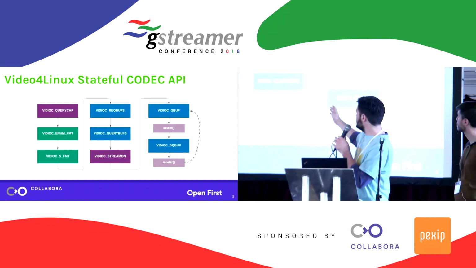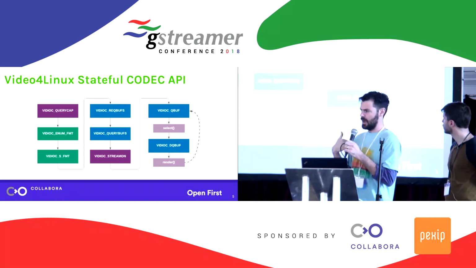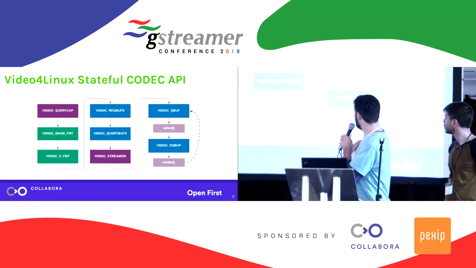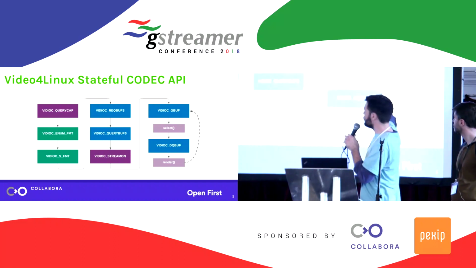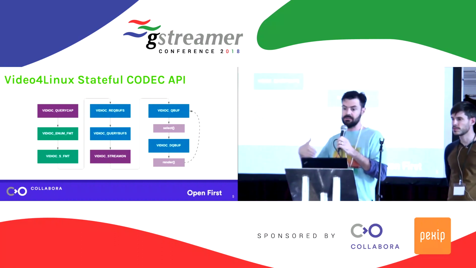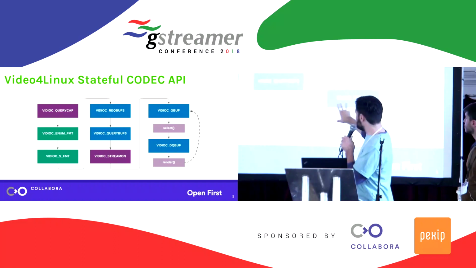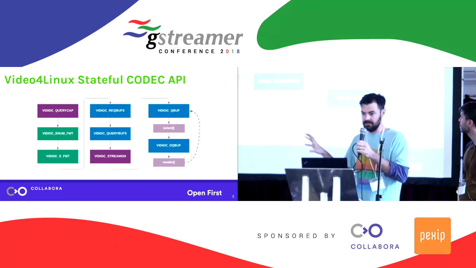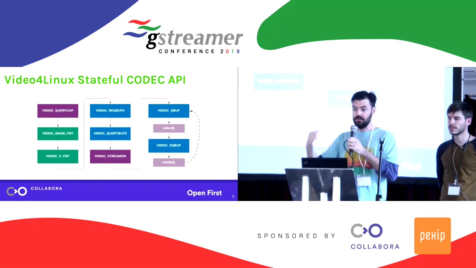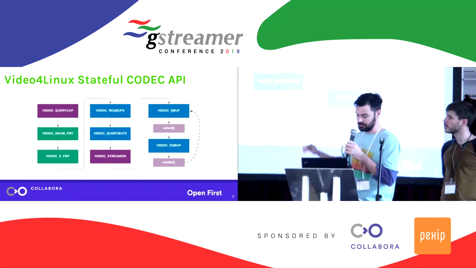Then you can set your memory. You have to say, okay, I'm going to be doing DMABUF or mmap or whatever. And then there's just this little loop doing the capture itself. In the case of, for instance, a decoder, this little diagram is actually duplicated because you have to do it on the input side, and then you have to do it on the output side. But it's pretty much the same. There is nothing new.